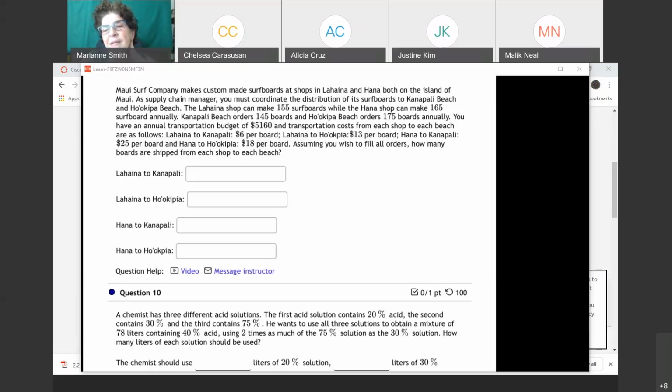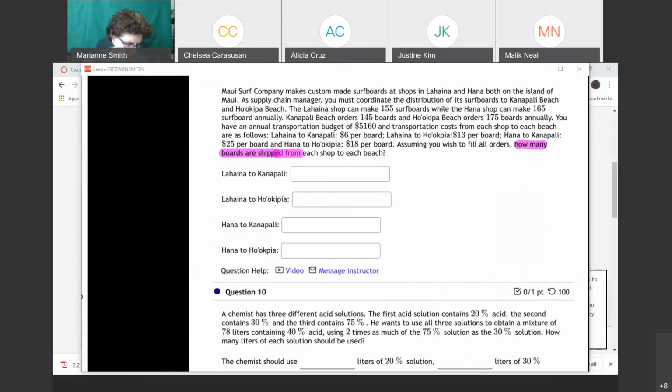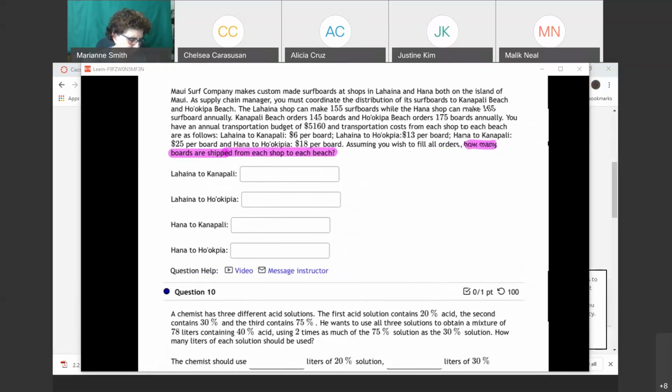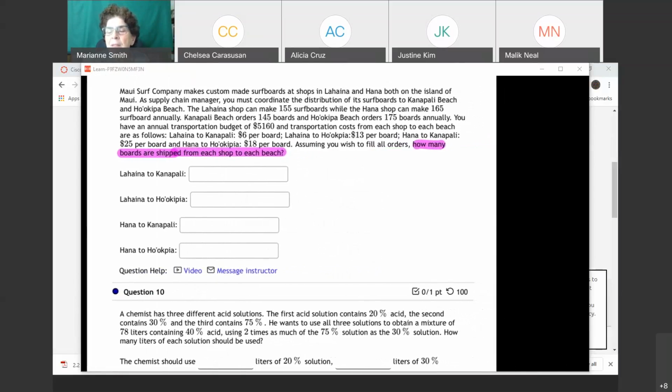Are we trying to maximize or minimize anything? Yeah, it's a system of equations again. Okay, so again, how many boards are shipped from each shop to each beach? What you have to ask yourself is, how many combinations have I got here? I've got 2 shops and 2 beaches, so how many combinations?